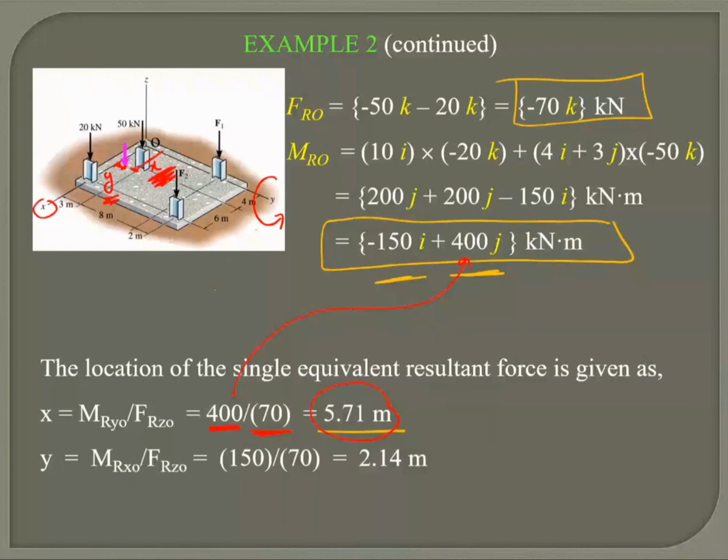Similarly, if I divide the moment along the x-axis, that is the rotation here, that component divided by the resultant, I will get my y distance out. Is that clear?